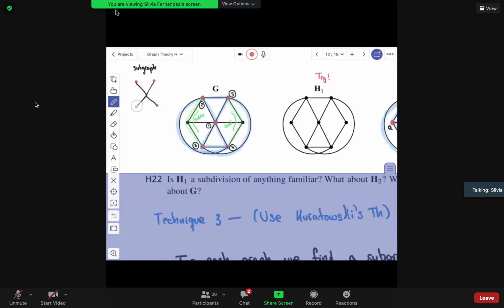So 1, 2, 3, 4. This one, this one, and this one, this one, this one, and that one. That's the subgraph.